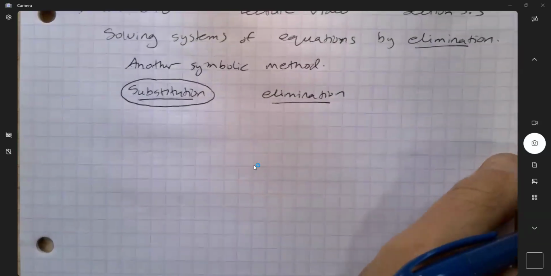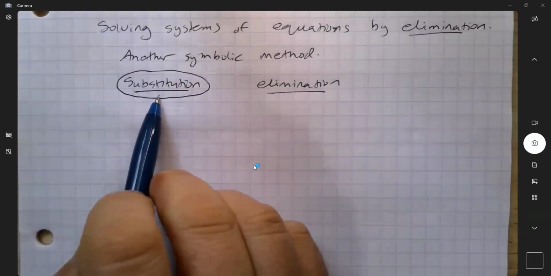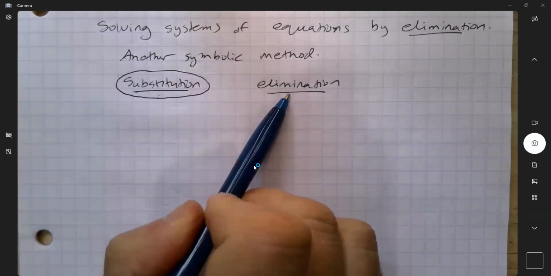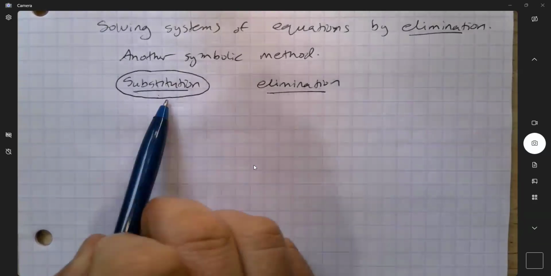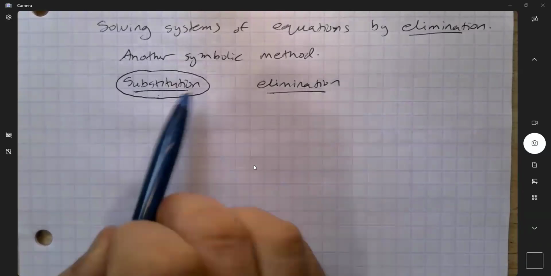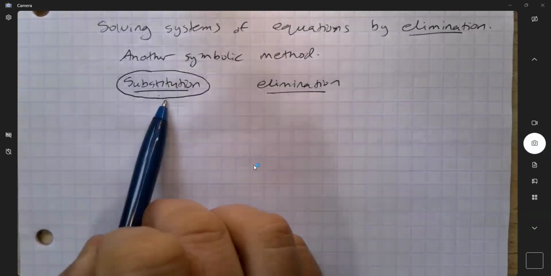So I encourage you to focus more on substitution, to be honest, because that's more flexible. I am going to show you how to do it with elimination, and sometimes elimination makes it really easy, but substitution will also always work. So if you're worried about splitting your attention between two methods, just pick one, and I recommend you pick substitution.